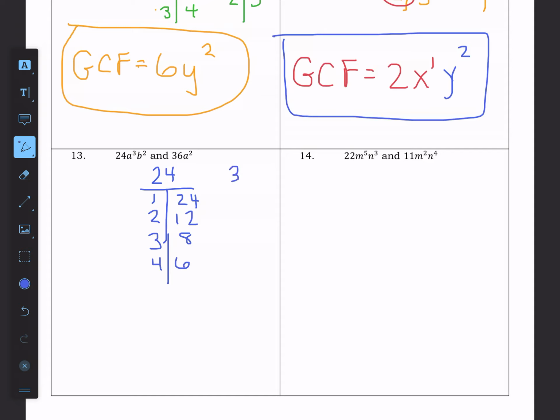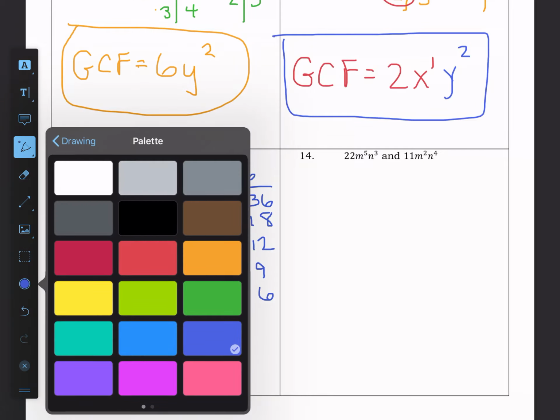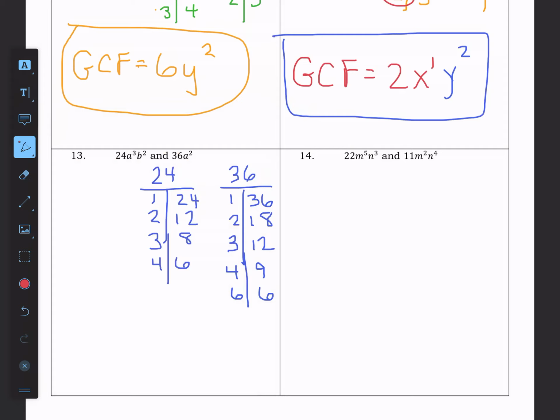Our factors of 36 are 1 and 36, 2 and 18, 3 and 12, 4 and 9, and 6 and 6. Looking at these two lists, the biggest number that appears in both lists is 12. So that's the first part of our GCF, 12.